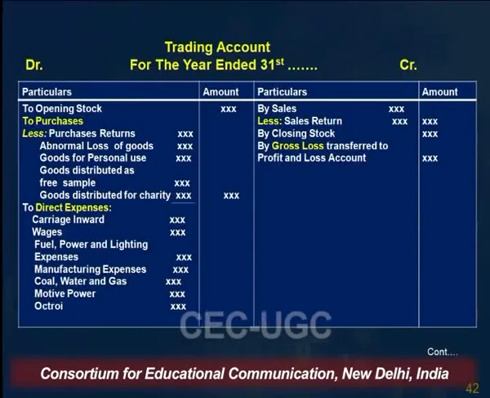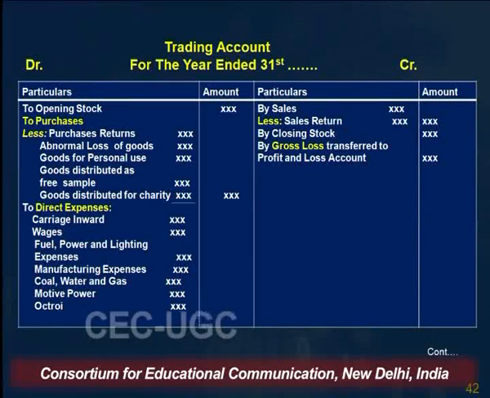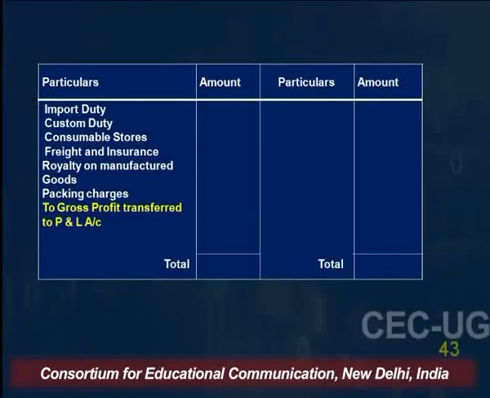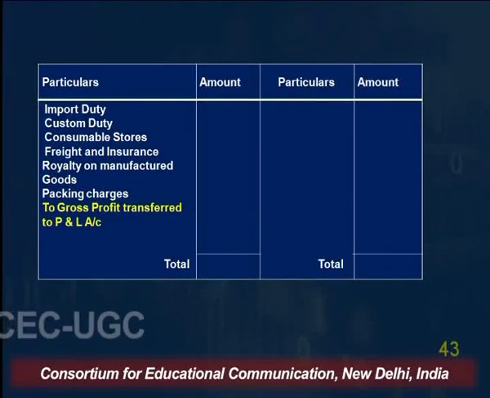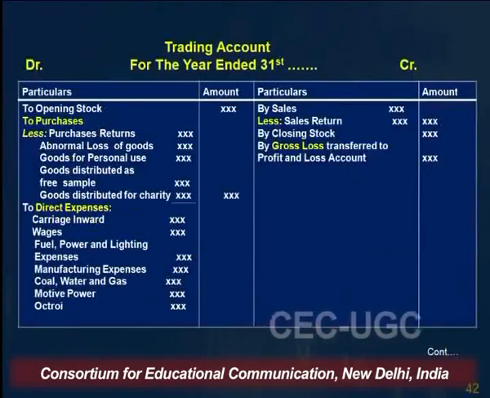On the credit side, sales are shown, less sales returns, and closing stock. If the credit side exceeds the debit side, there will be a gross profit, and this gross profit will be transferred to the next account, the profit and loss account. What if the debit side exceeds the credit side?